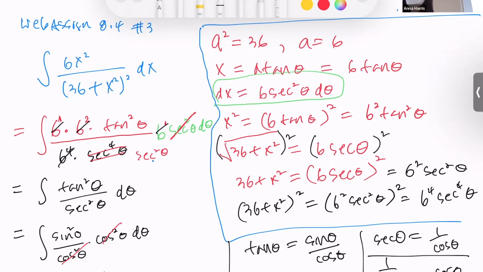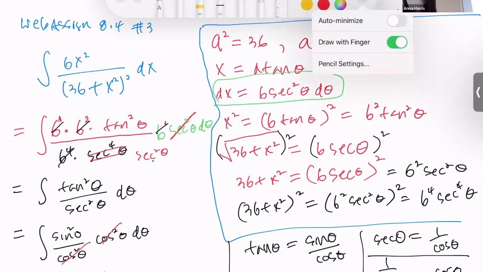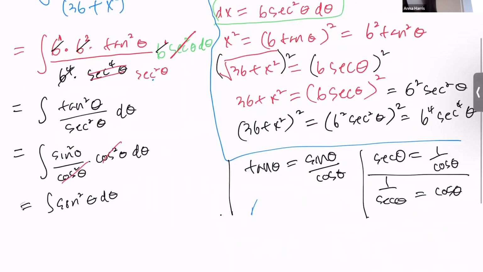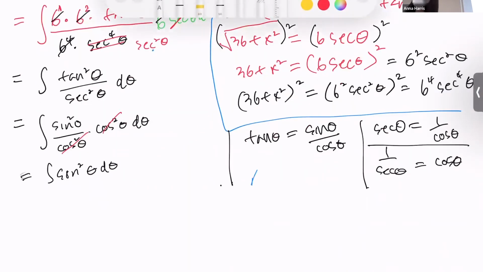Are you with me, class? So we're almost done. Okay, I cannot integrate sine squared by itself. So what do I need to do? You need to reduce the power. Okay, class, whenever you do some work, I want you to write down the side work so I can see how you got your answer.